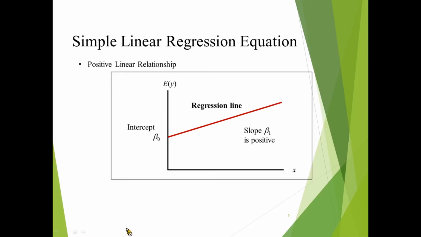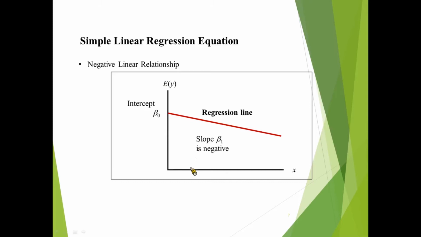This is the graph for a positive relationship: the slope is positive, and beta 0 is the intercept.